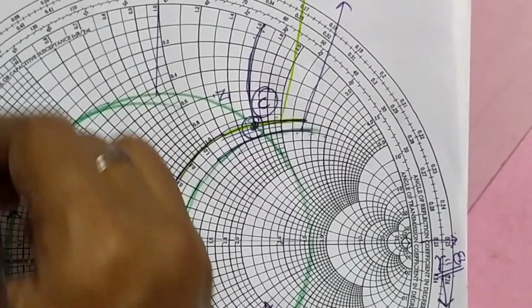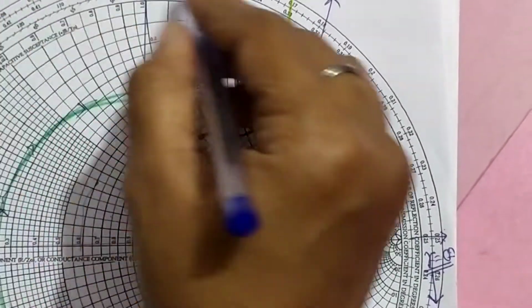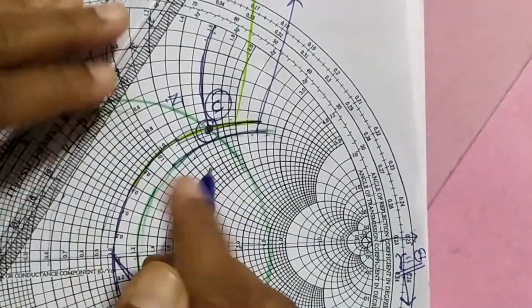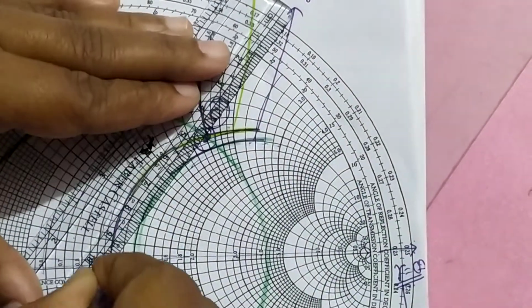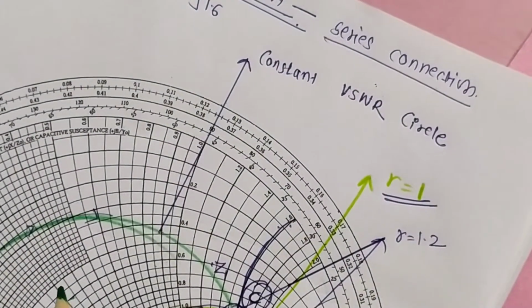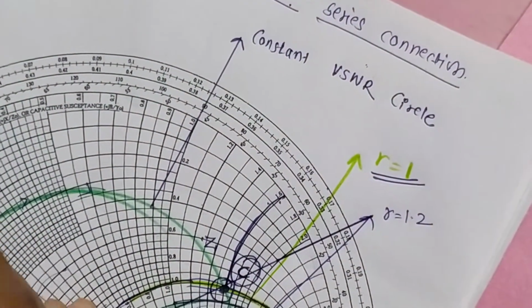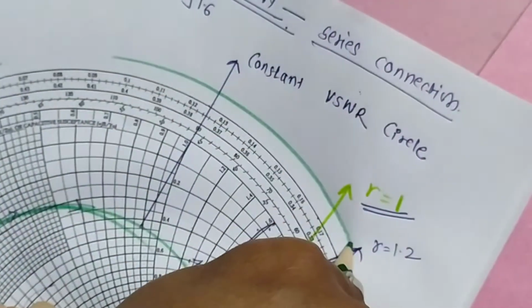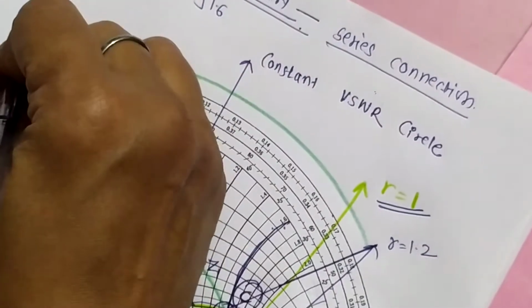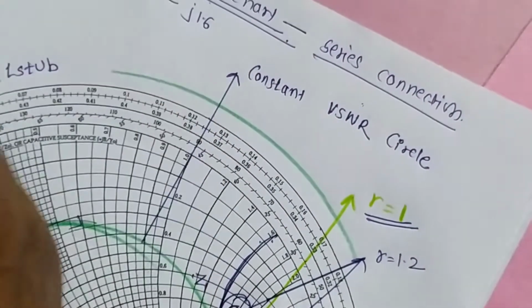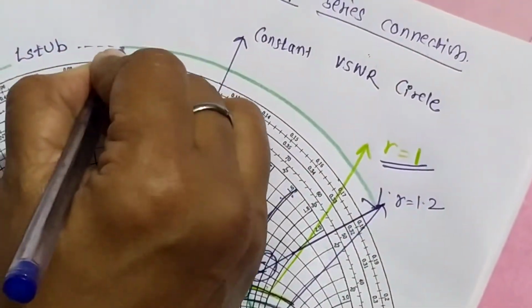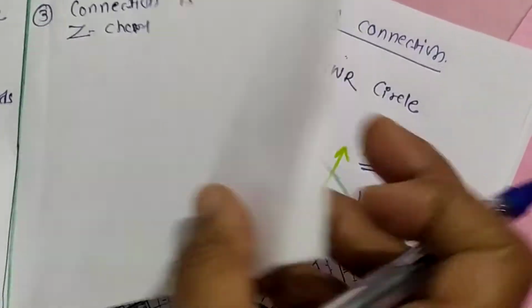I have started moving, I go in a clockwise direction and reach point C. Now let me connect the center to point C and extend it on the wavelength scale. So this is going to be my L stub, which plays the role of phase compensation so that perfect impedance matching will take place.